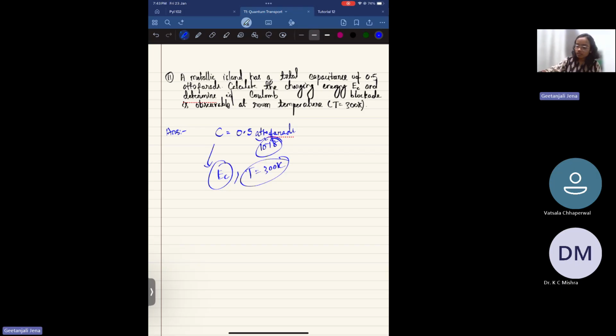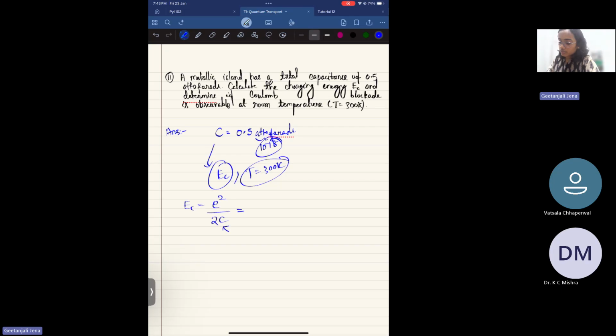Can you recall what is the expression for the charging energy? So EC, if you go through the slides, it is e squared by 2C.